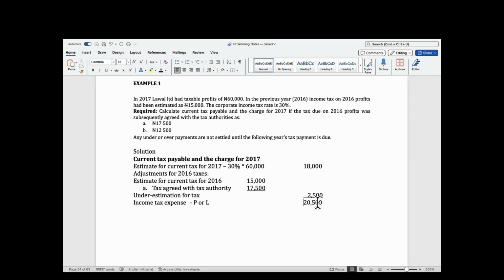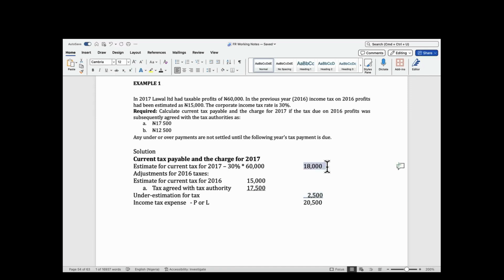I hope you know that the current tax payable is not 20,500, because this 2,500 is paid immediately. It won't be a liability for 2017. It was a liability for 2016 that the audit brought out, and you need to pay the tax immediately. This is not a payable for 2017 year end, except if the company did not pay it, if they were just owing it. And that one is something else. You should have paid it, so it's assumed you should have paid it.